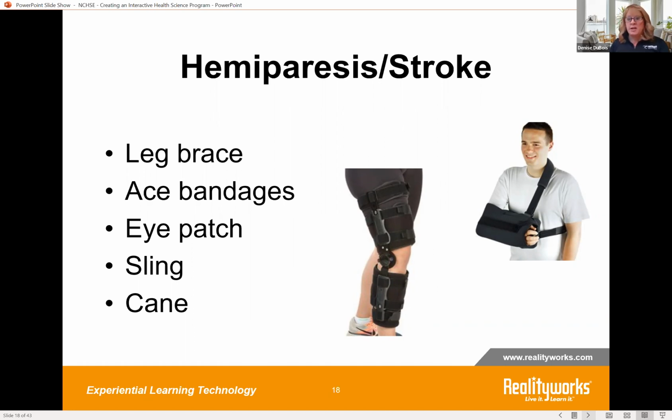They have to really think about how they're going to do that, and what that feels like, and how that can impact greatly their daily life. So again, just a very simple collection of braces, slings, cane. There you go. You've got your own wearable simulation experience for stroke. So again, could be very effective.